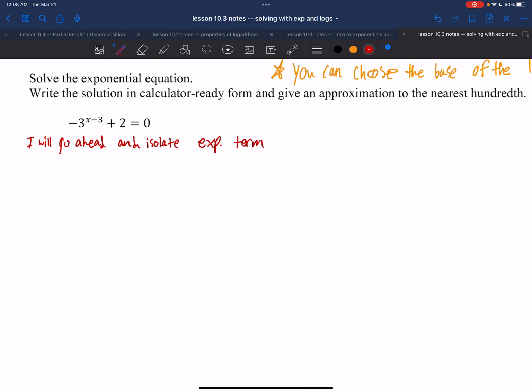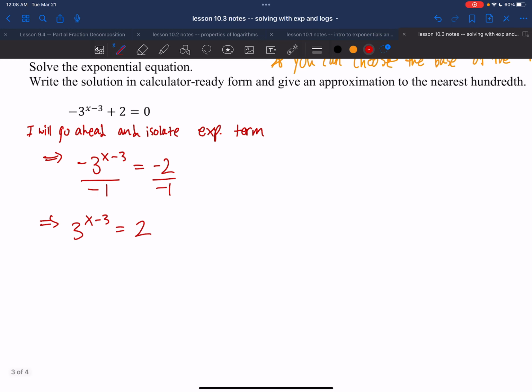So to do that, I'll subtract 2 to the other side. I get negative 3 to the negative x minus 3 equals negative 2. Divide both sides by negative 1. This yields 3 to the x minus 3 equals positive 2.